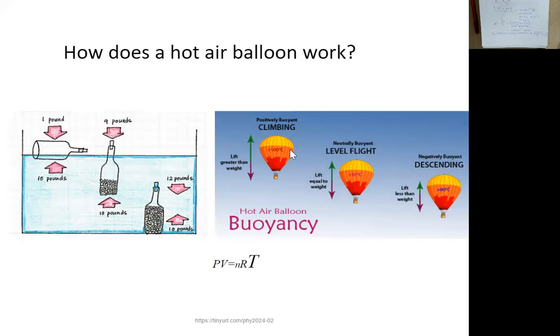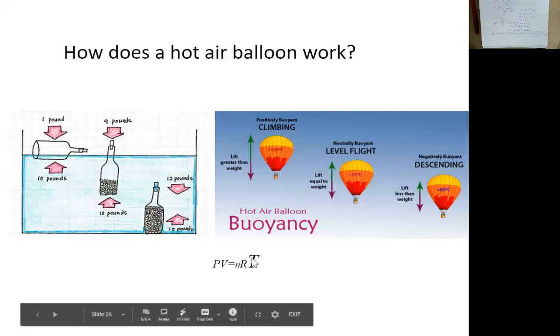The same thing applies to a hot air balloon. What you are doing here is changing the temperature of the air inside. You can do that by putting in more flames, like little fires. If you heat the air more, the temperature rises. And you can bring the temperature down by making the fire smaller, or maybe turning it off. So what happens when the temperature changes?